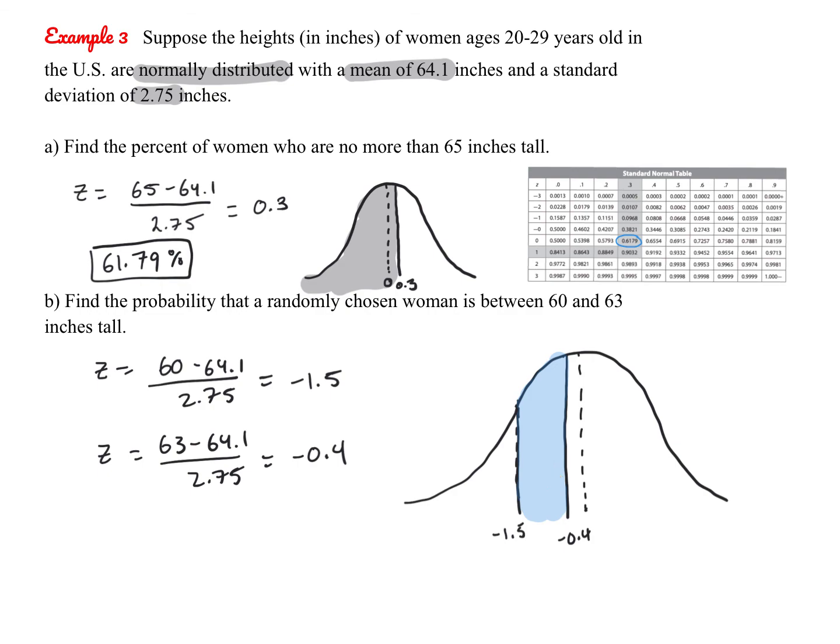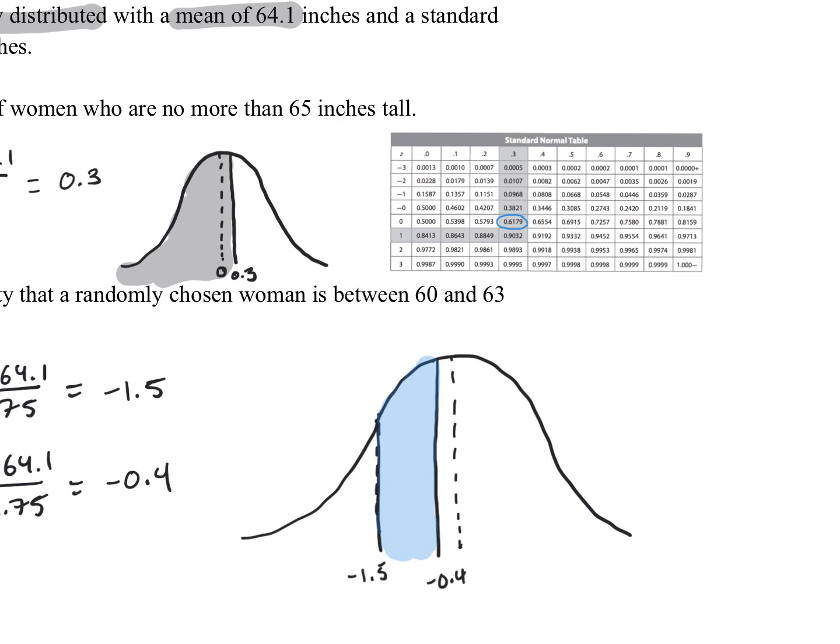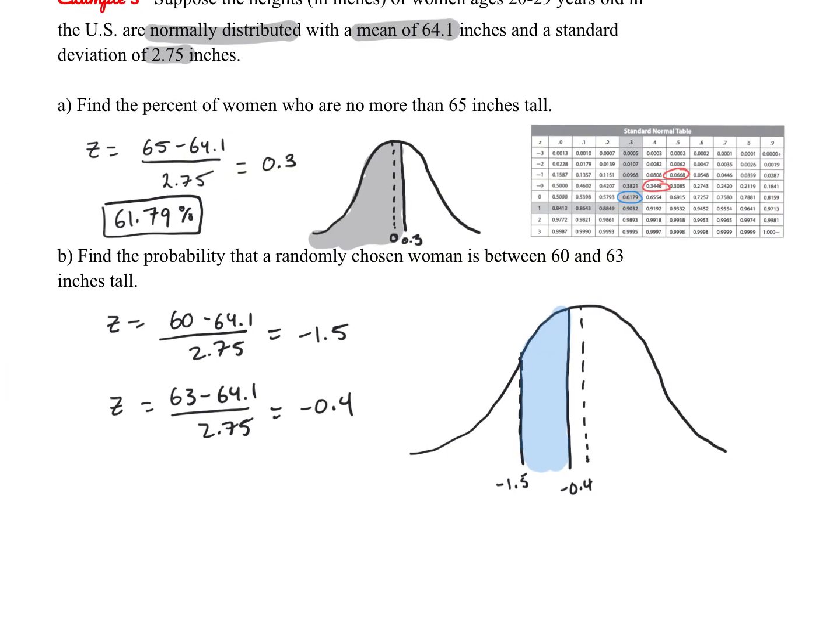So let's look at our standard normal table now to find those areas. For the z-score of negative 1.5, I do negative 1 and then 0.5, so it's right here. And then for negative 0.4, it's this value here. So the area under the curve from here to here is 0.3446, but the area under the curve from here to here, which is the negative 1.5, was this 0.0668.